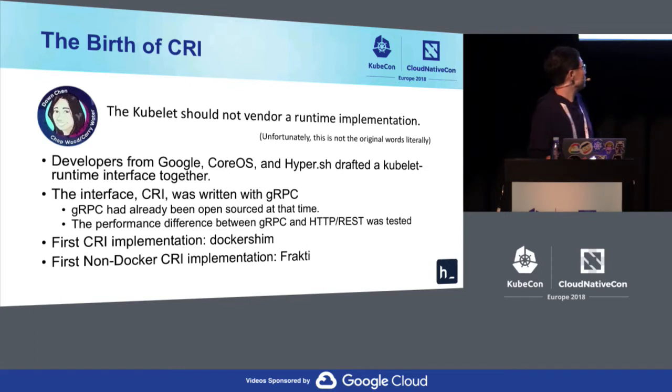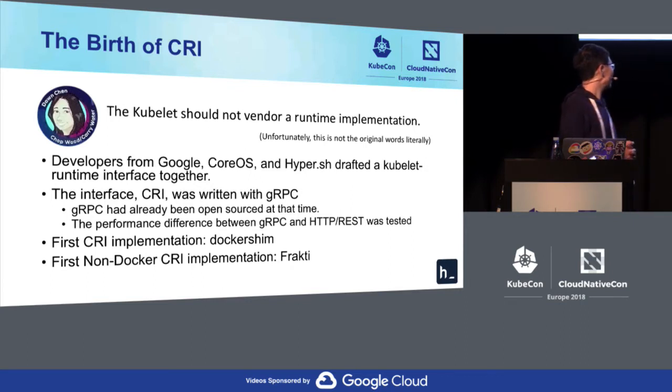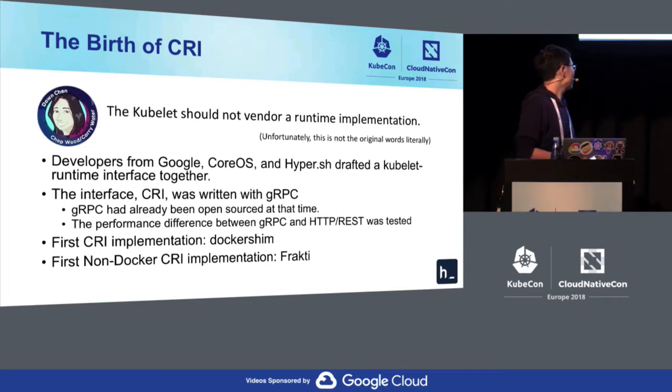So this became the default interface for the CRI. And the first CRI implementation is the Docker shim, and then the first non-Docker CRI implementation is called Frakti. This is contributed by hyper.sh to the Kubernetes community.